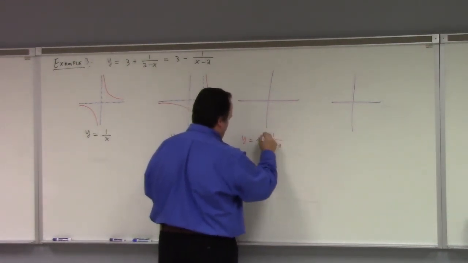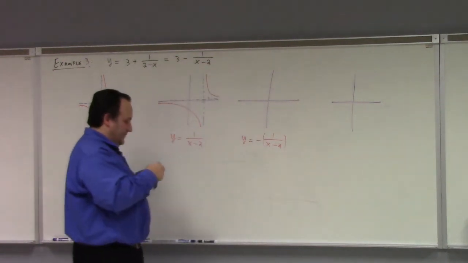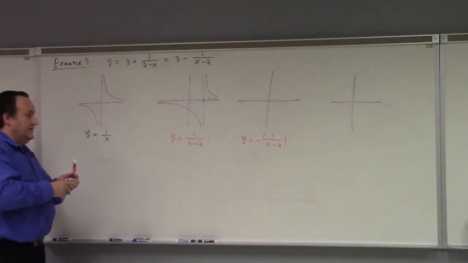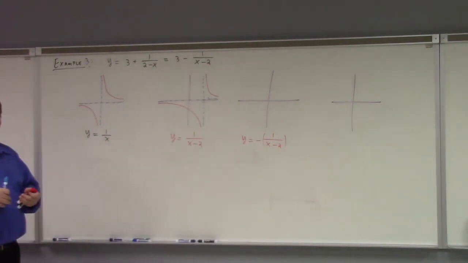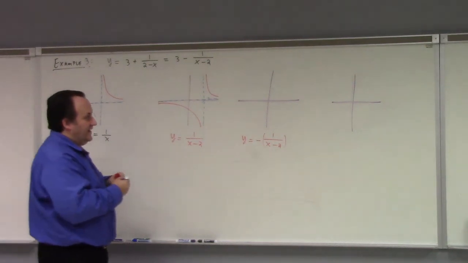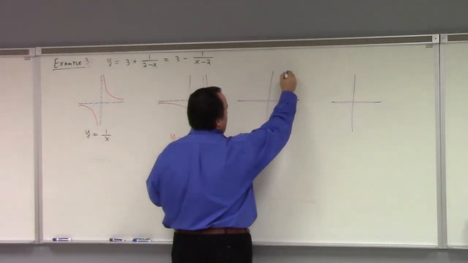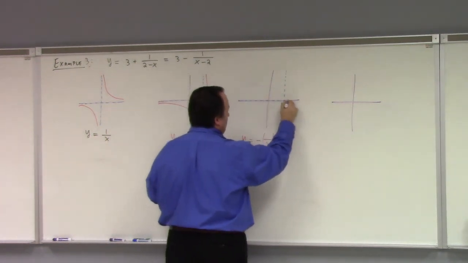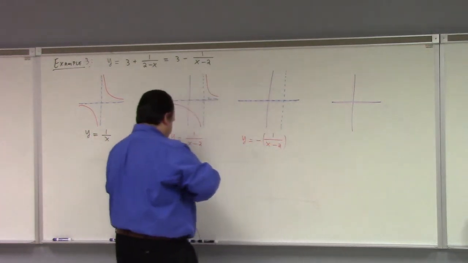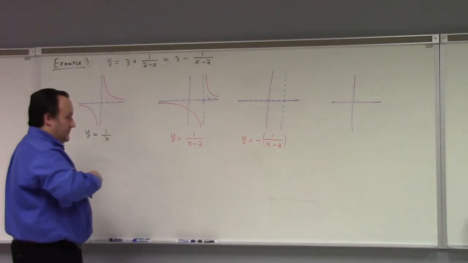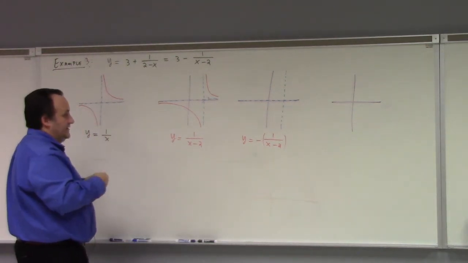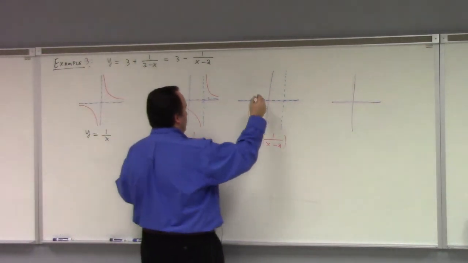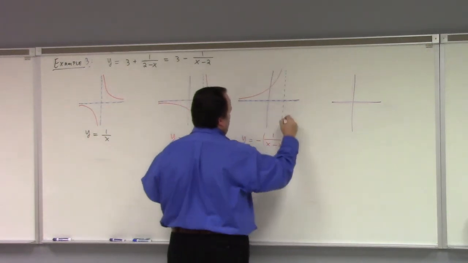What's that do? That flips it over the x-axis. If we think about flipping over the x-axis, the vertical and the horizontal asymptotes that I have, they stay put, right? We don't move either of the asymptotes with a reflection across the x-axis here. They just stay put. But the graph itself is flipping up here like so, flip down there like this.